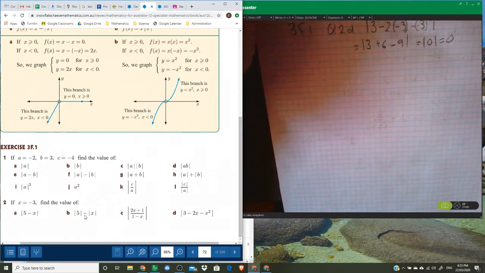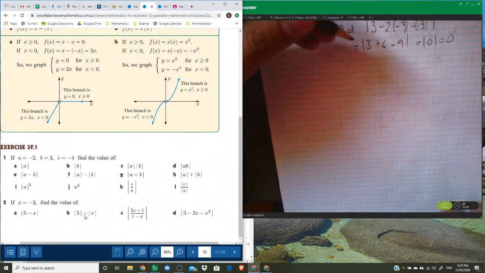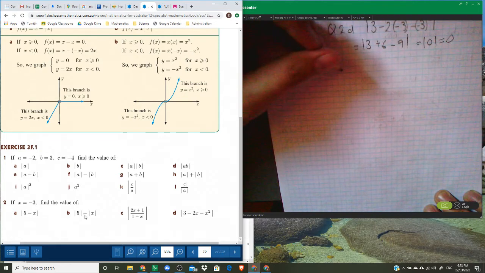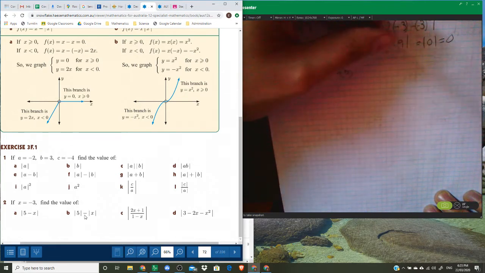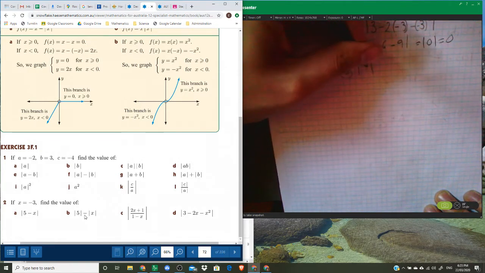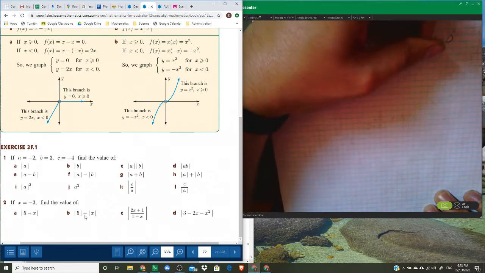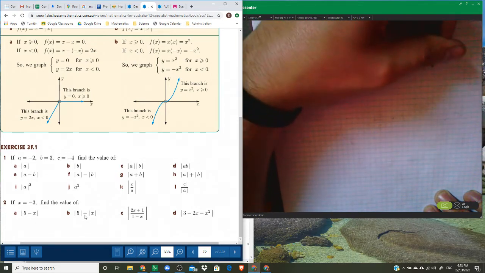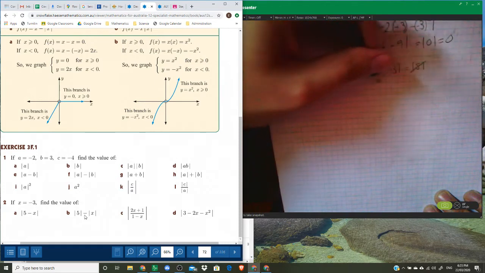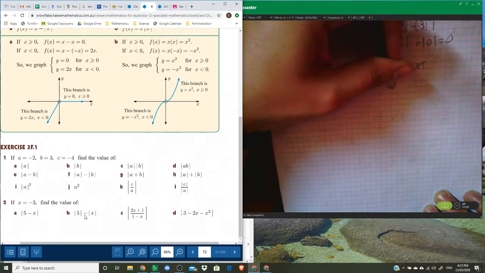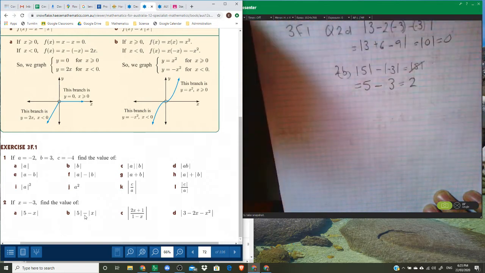Now be careful with something like this though. So maybe I'll do 2B. 5 minus mod 3. So you return the positive there, but you've got a negative in front, so 5 take 3 is still 2 in that respect.